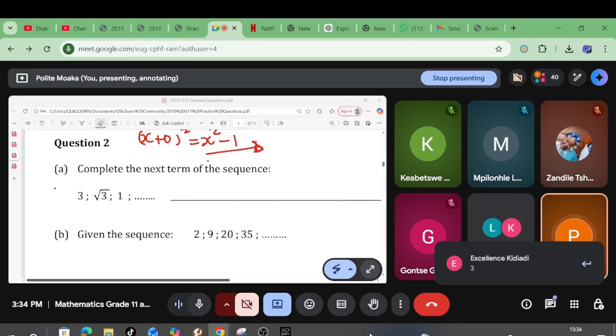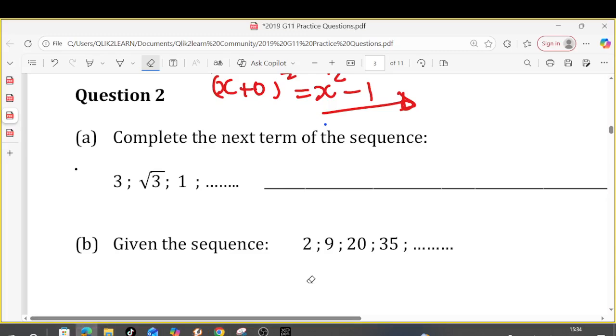Exactly, Excellence, that's very correct. 3. We can see that we keep having the 3. So if we keep having the 3, the pattern has to do with this 3. I can see that now.